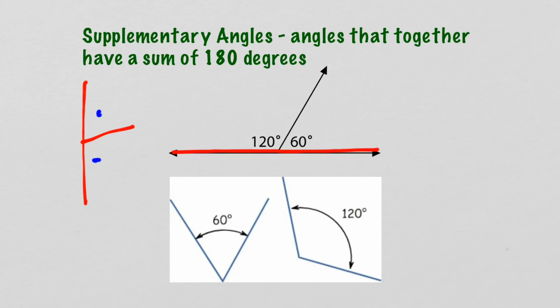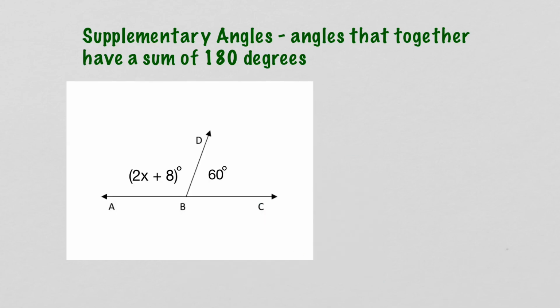All right, take a quick look again with a little algebra spin on it. Again, I want to point out this is a straight line right here. Okay. Anytime we have a straight line, that's 180 degrees. So I know that this here, 2x plus 8, and this here, 60 degrees, has to equal 180. So again, we can just basically say, hey, let's take those two angles.